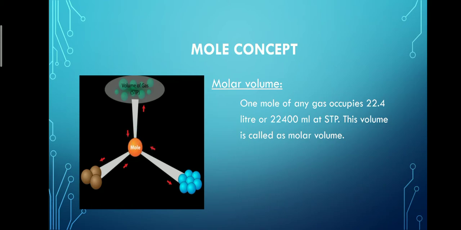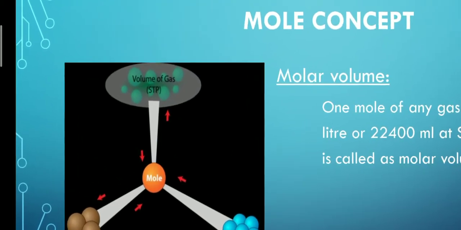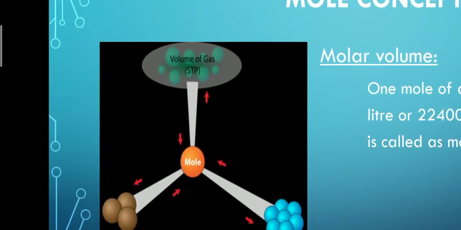And look at this picture. In this picture, we are given mole as the center, and using this mole concept we can define the gas molar volume. If you say gas, we'll say molar volume, and if you represent molecules we'll say 1 mole of molecule or 2 moles of molecule, and if you represent an atom we'll say 1 mole of an atom.